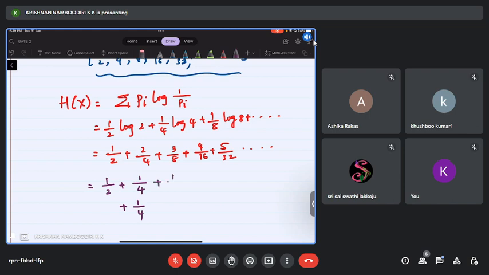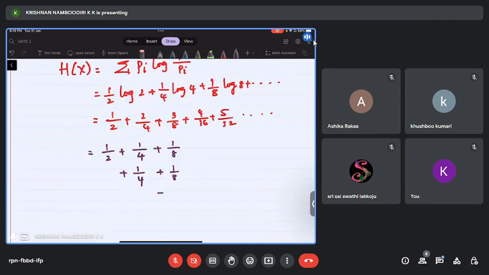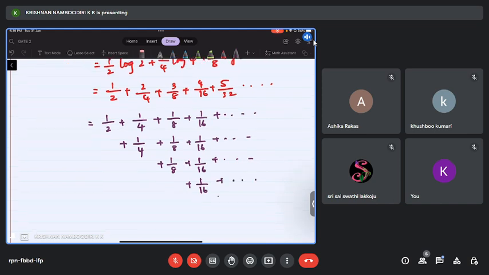This 3 by 8 I will split into 1 by 8, 1 by 8, 1 by 8. 4 by 16 I will split into 1 by 16, 1 by 16, 1 by 16, 1 by 16. Okay, so on and so forth. Now you may think that I'm overcomplicating things, right? Previously I had only one infinite sum. Now I have infinite number of infinite sums.